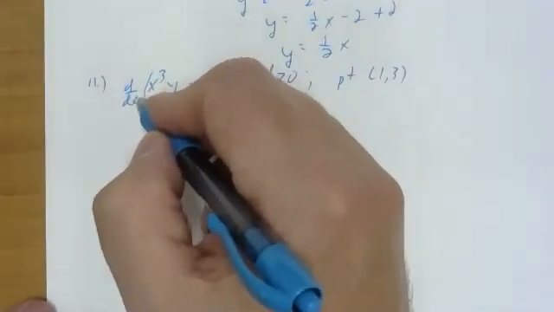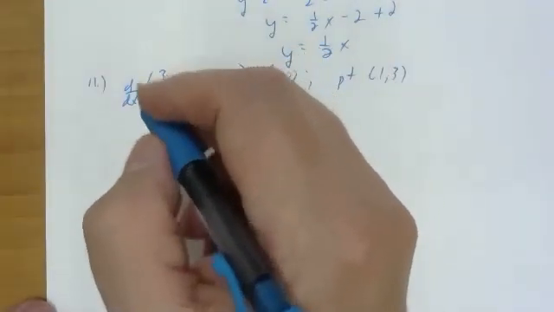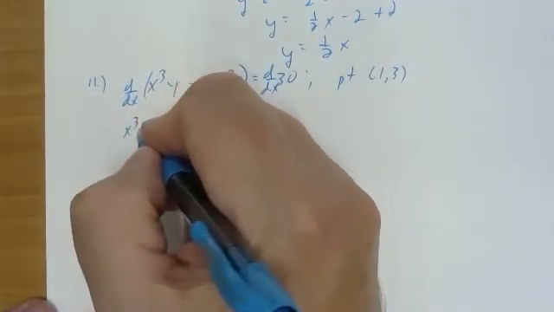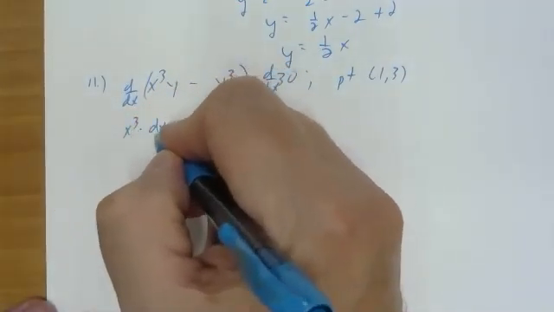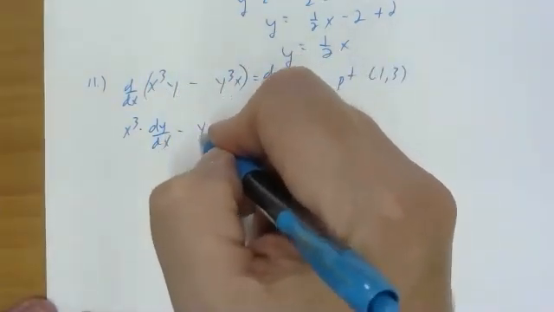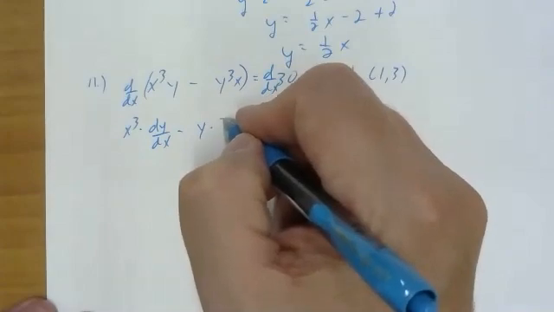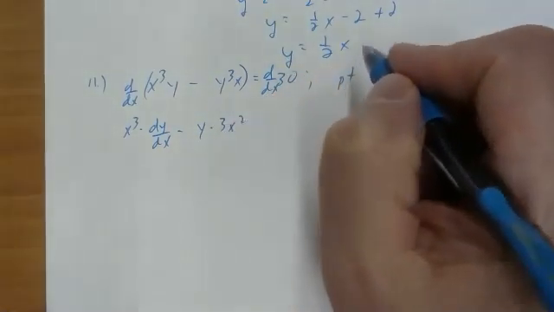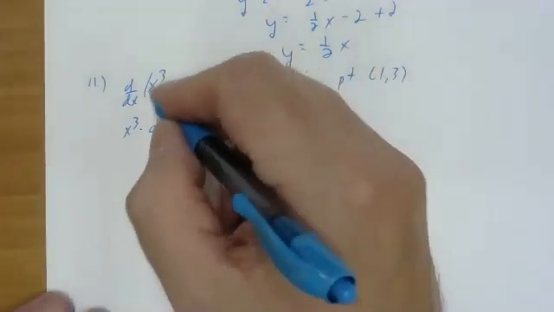So this is going to be a product rule. The first times the derivative of the second minus the second times the derivative of the first. That's for this one.